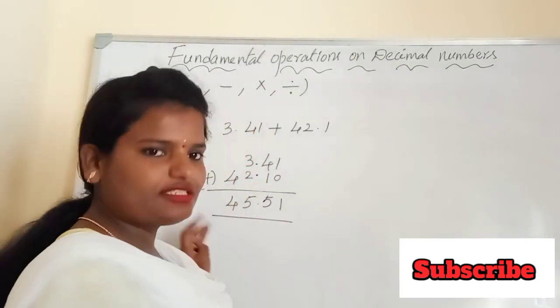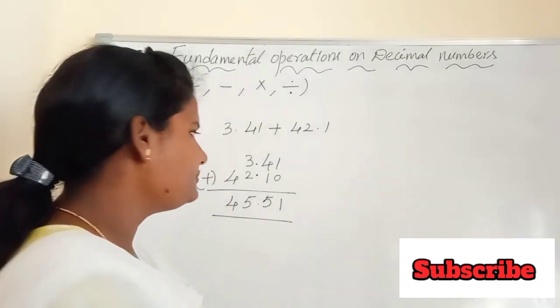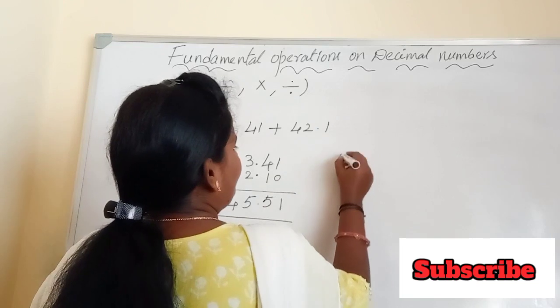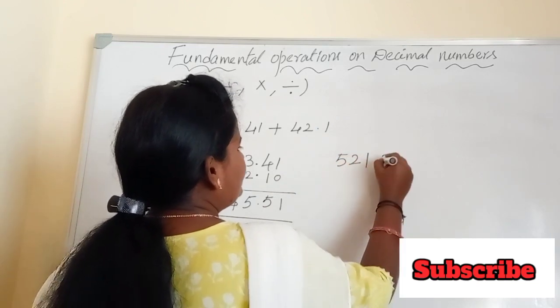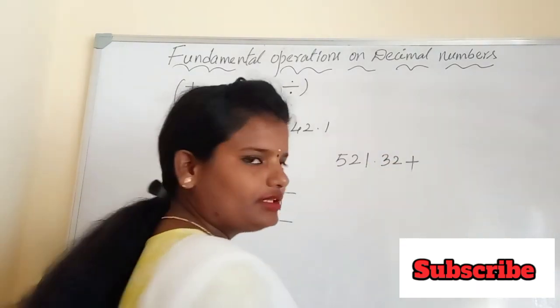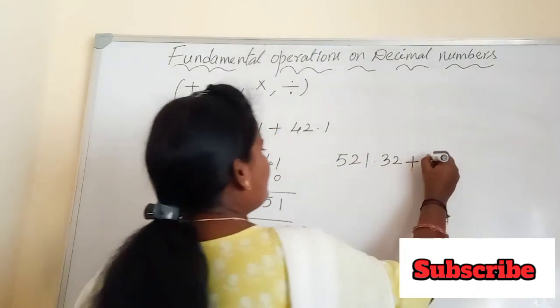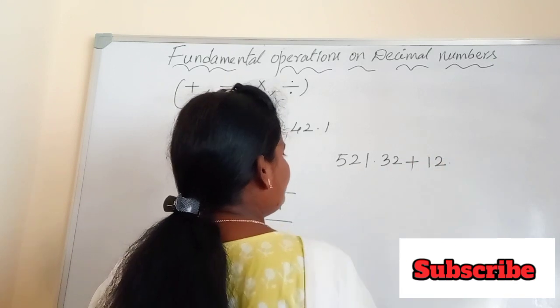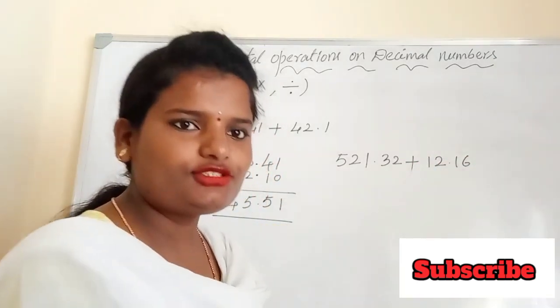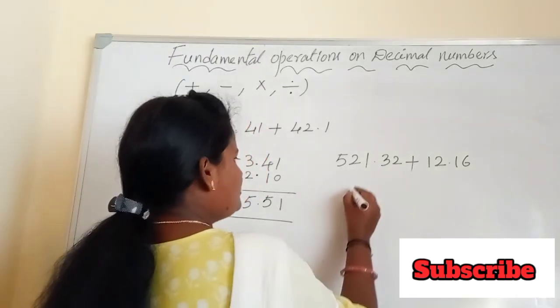And the same way, subtraction also we will get. We'll see another number also. 521.32, now the addition of 12.16. How to add these two numbers, we will see.